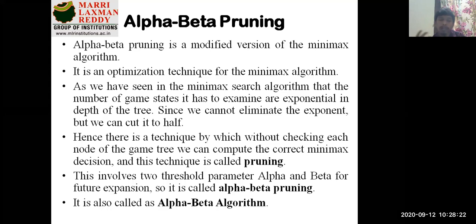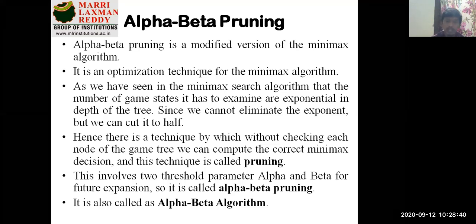Those nodes will not be visited, and that's how we save time and improve time complexity. So compared to the min max algorithm, alpha beta pruning has less search time. That's why this algorithm is much preferred over the min max algorithm.